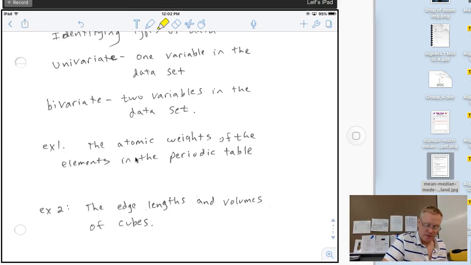So you're trying to figure out how many things are being measured. In this case, it's the atomic weights, which is really just one thing. And I know that's something you may not have come across yet in science class, but you will. So with the atomic weights, you're only measuring one thing, which would be, in that case, univariate.